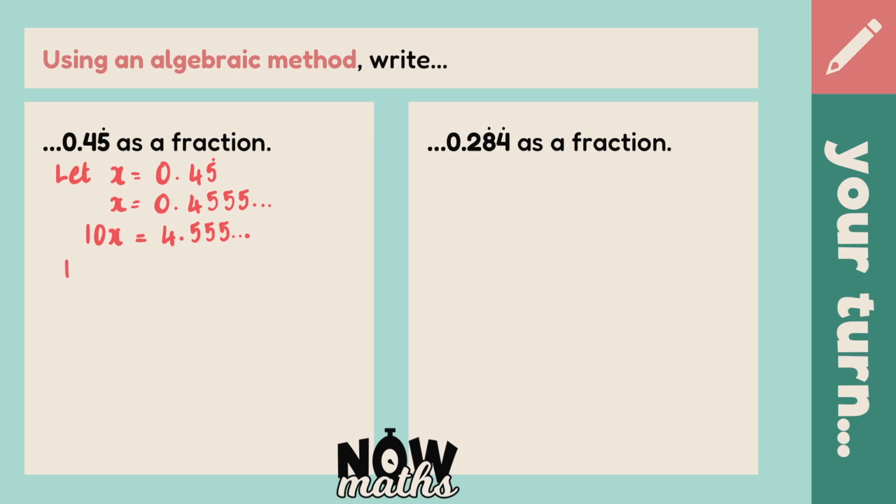So multiplying 10x by 10 gives us 100x, and shifting the decimal to the left just once gives us 45.5 recurring. Now we have two decimals that match perfectly after the point, so it's these two decimals that we're going to subtract.